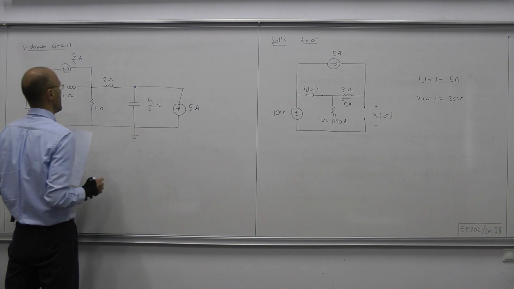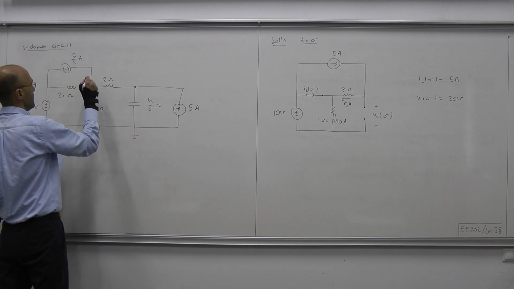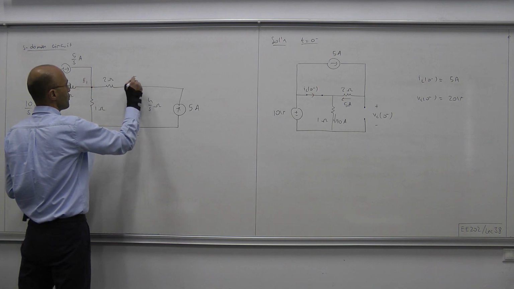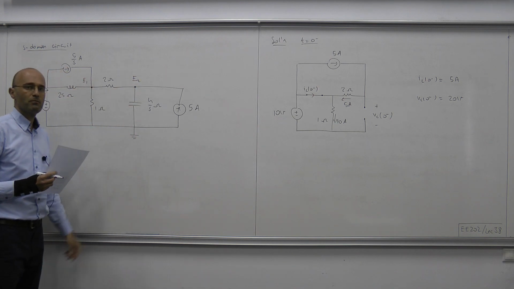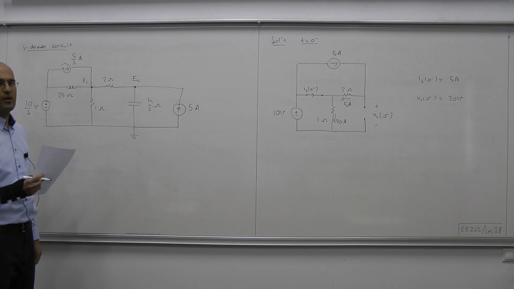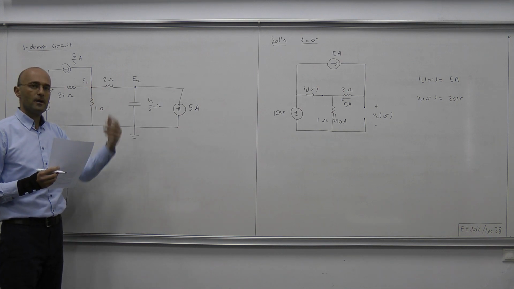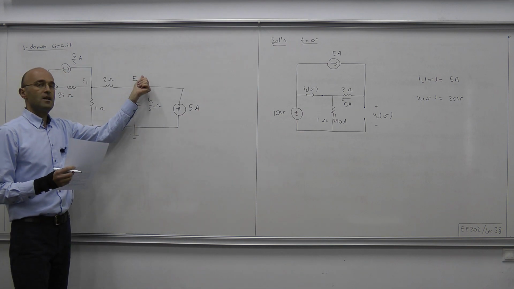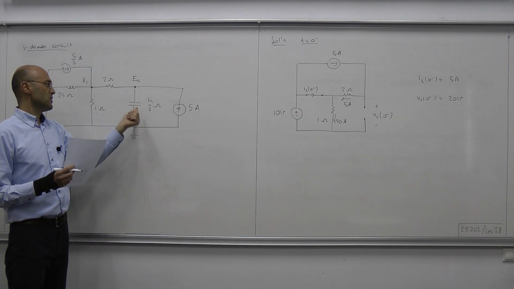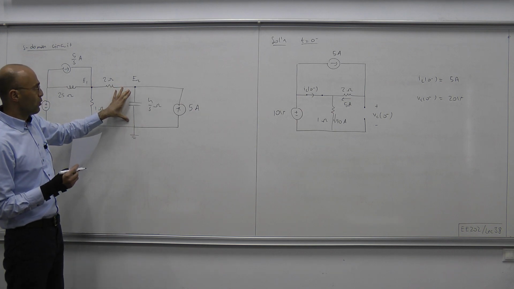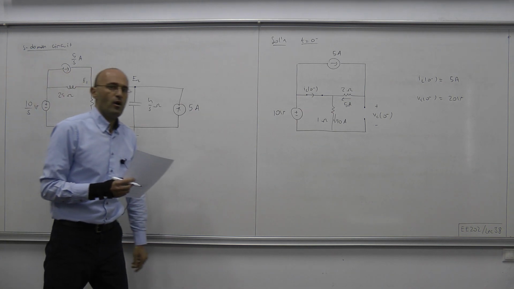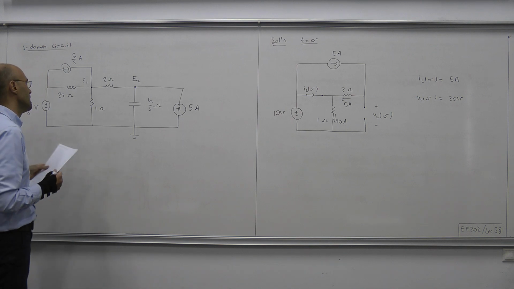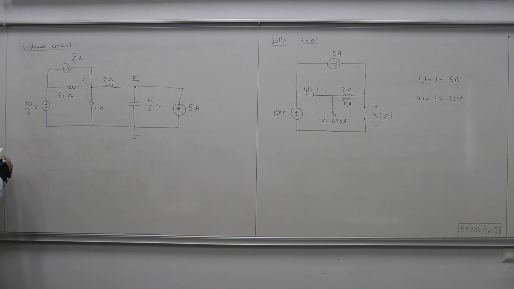This is our ground node, and let me label this node as E1 and this node voltage as E2. We're going to write the node equations. We have two unknowns, E1 and E2. That means we're going to write two equations, and from those equations we will figure out E2 of S. And E2 of S is what we're looking for, because this node voltage is no other than the capacitor voltage that we are after.